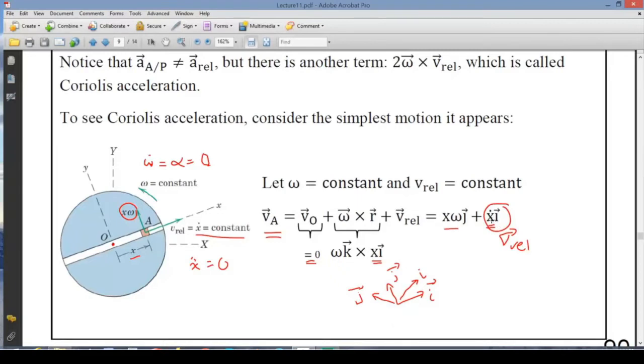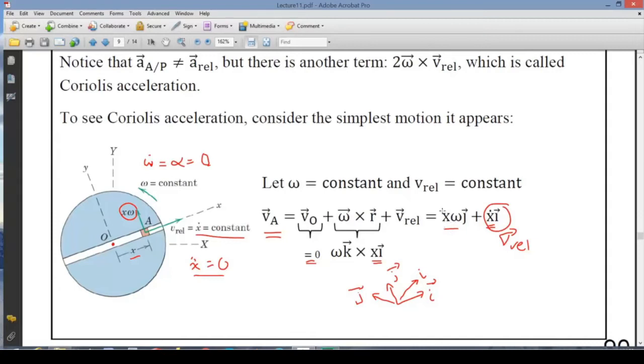Obviously, x dot information's time derivative will not change. It will be equal to 0. X double dot is defined as 0. But I direction will change, right? Because of that, we're going to have a time derivative part for this term. For this term, omega is constant, but x is not constant.